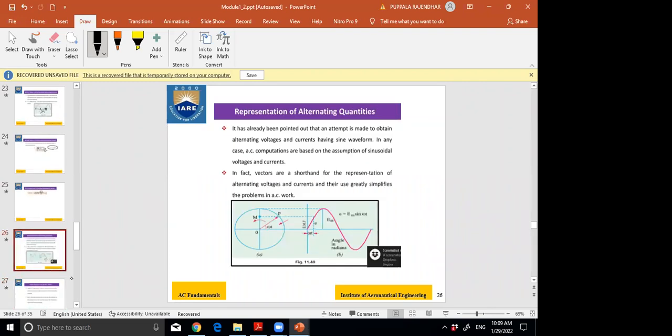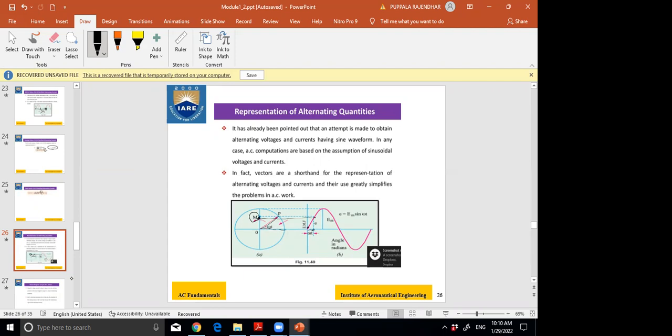So this is a vectorial representation of these waveforms. At this angle this will be the magnitude M we are representing here. The angle will be displaced, and we are starting from 0.